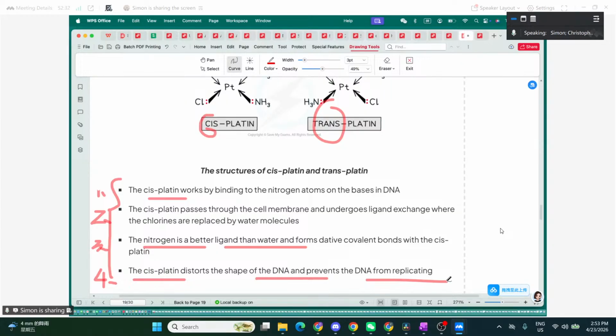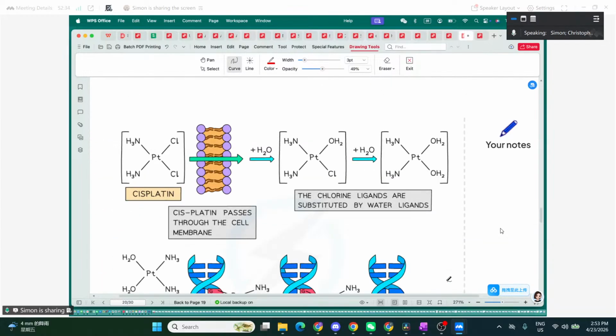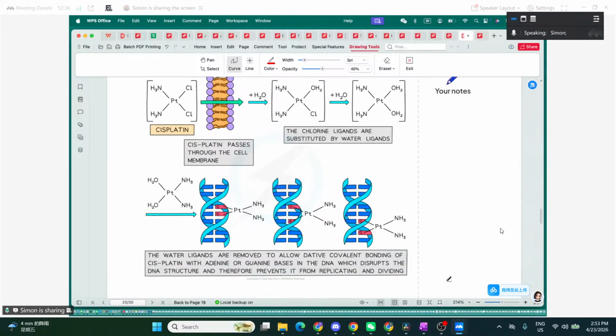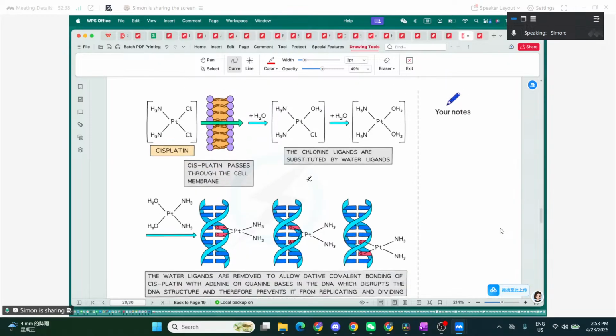And here's the graph of the process. Look at that: the first step, the second step, the third step, and the fourth step. Actually, this is the mechanism of action of cisplatin. The mechanism of action of cisplatin is divided into four steps.